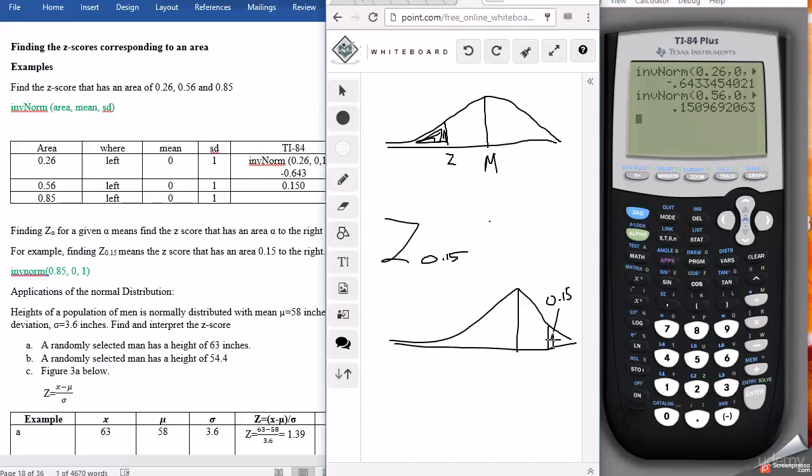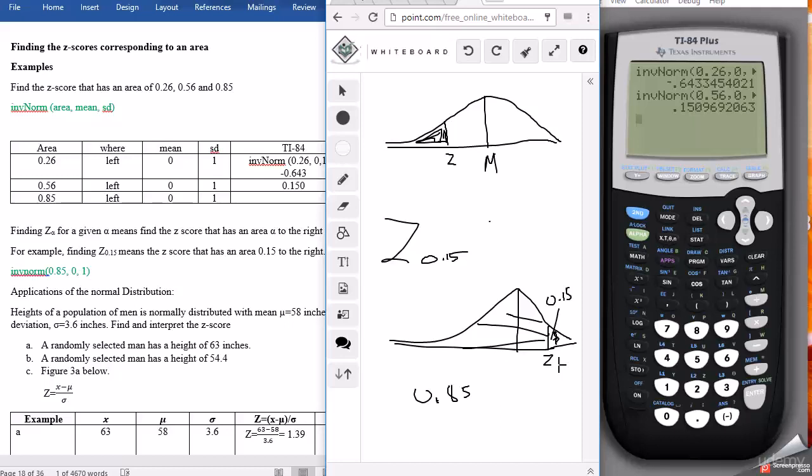So right here is 0.15, and the area to the left should be 0.85. You subtract 0.15 from 1, which gives 0.85. So we are looking for this z-score right here.